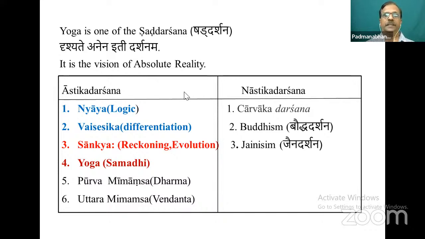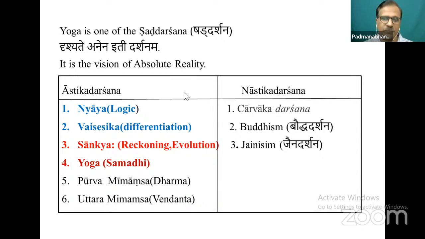They talk about logic and atomism. And Sankhya and Yoga is a pair, and Sankhya talks about the number of elements that is responsible for the evolution of this world. And Yoga is a process of controlling the mind to attain samadhi. And Purva Mimamsa, the Mimamsa literally means inquiry, doing dharma for the welfare of the society.